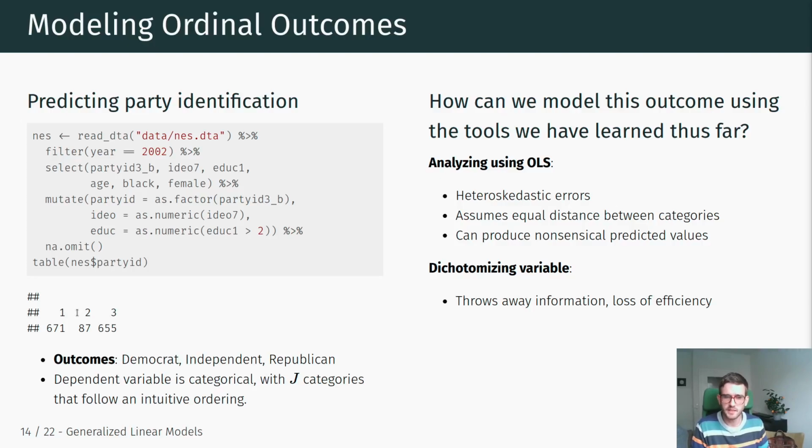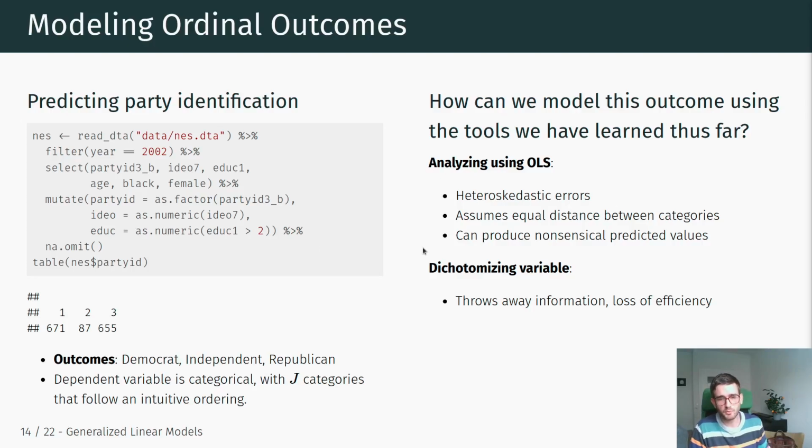We could do this. The only problem is that we're throwing away information, and by throwing away information we will always lose efficiency. So this is also not an ideal strategy if we have a categorical outcome. Just throwing away information usually will not lead to very good predictions.